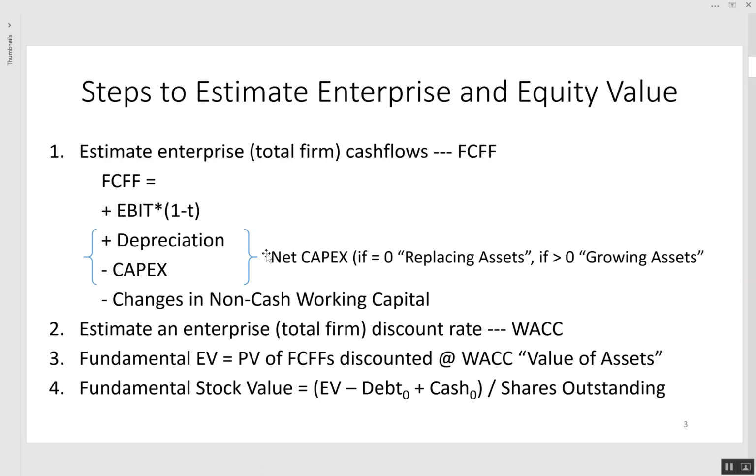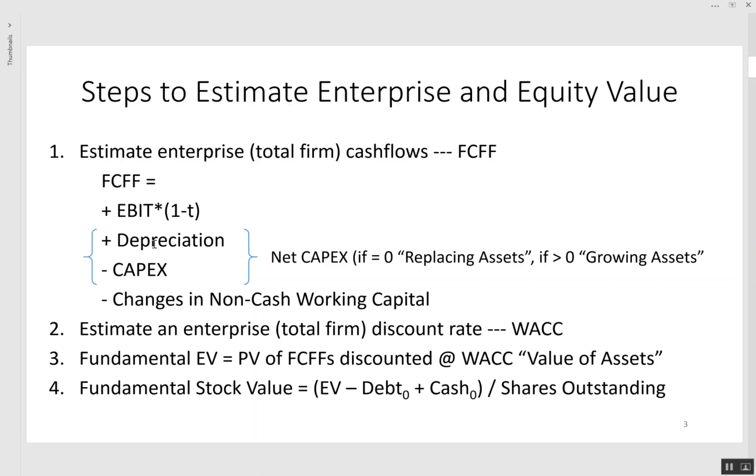Remember that we called the net of these two effects the net CapEx. In other words, if the CapEx is equal to depreciation and the sum of those two numbers is 0, that means you're just replacing the assets. Your capital expenditures are just equal to the depreciation that year.